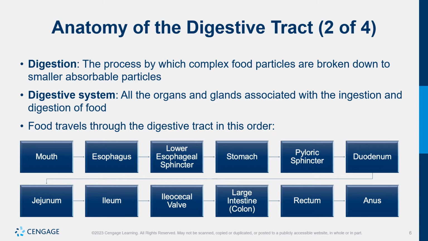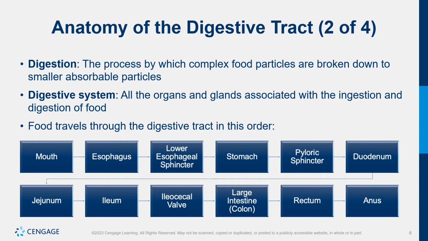When ready, the stomach, connected to the pyloric sphincter, allows the pyloric sphincter to open and food goes into the first part of the small intestine called the duodenum. It then flows into the jejunum, the middle part of the small intestine, the ileum, which is the final part of the small intestine, through the ileocecal valve at the end of the small intestine into the large intestine or colon.